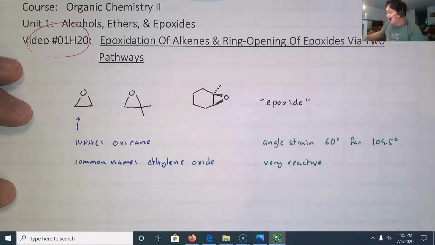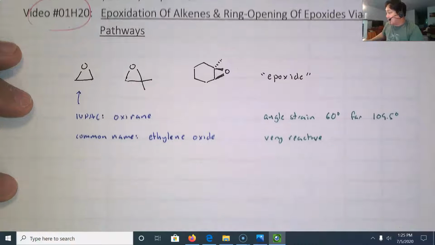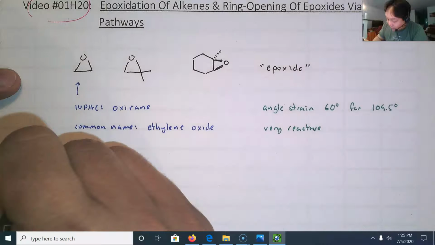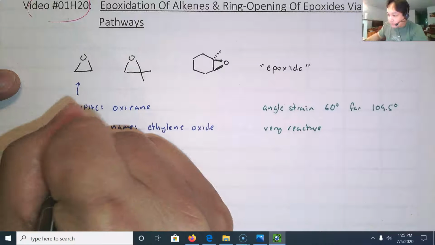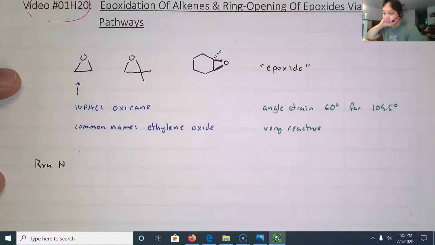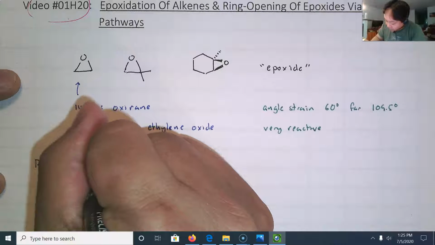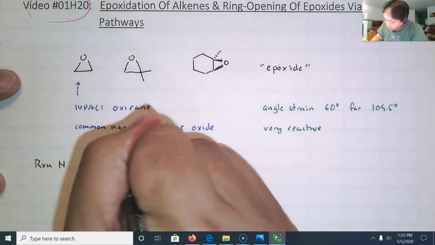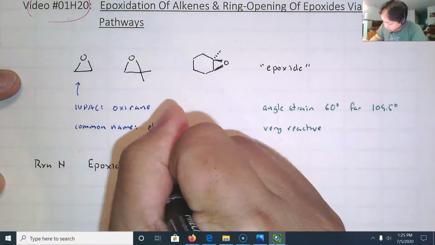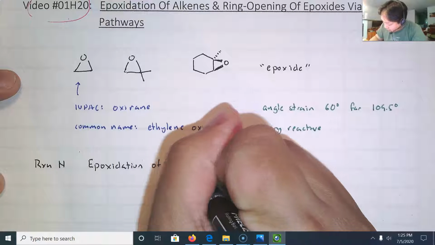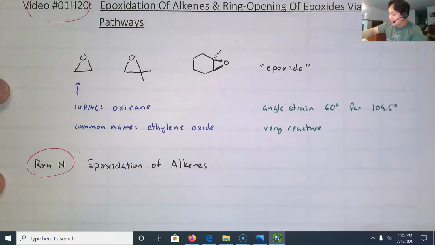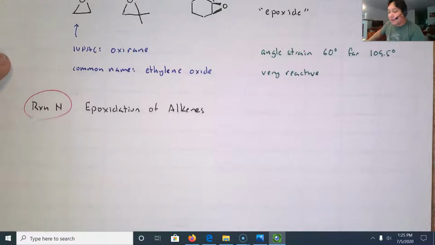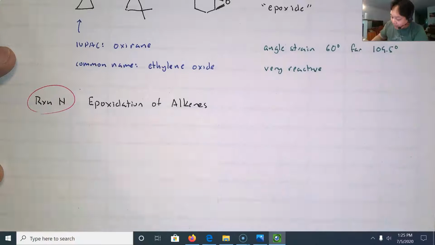The first thing I want to do, though, is to talk about how to make an epoxide. And we are up to reaction N. Epoxidation of alkenes. Let's take a simple alkene.